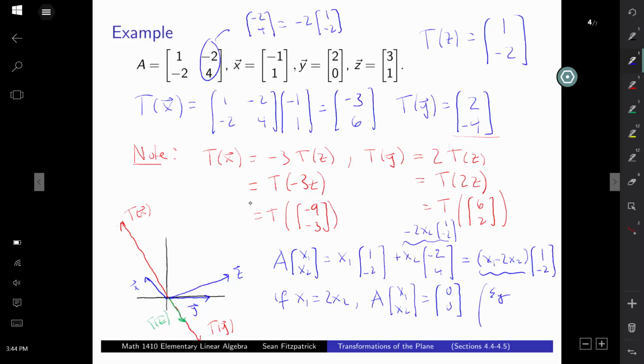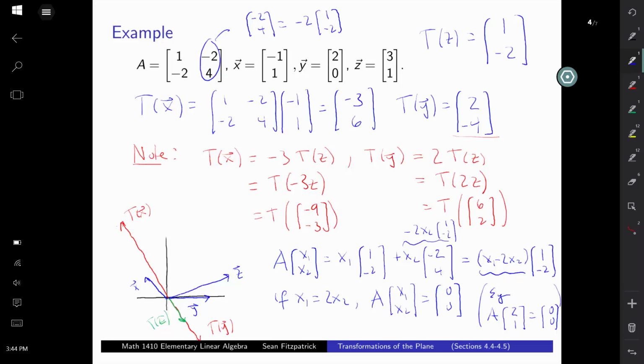Just as an example, A of (2, 1) gives me the 0 vector. We'll discuss later on that there are some connections here. If you have non-zero vectors that get sent to the 0 vector, that's basically your clue that the output of your matrix transformation, instead of giving you that nice parallelogram that we saw in the previous example, just collapses to lie along the same line.